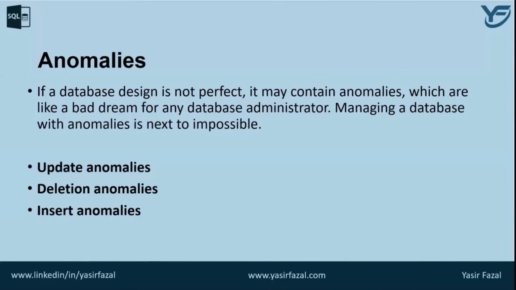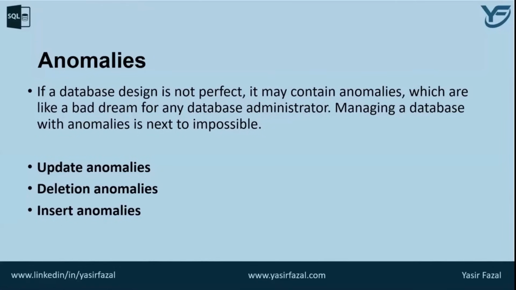So when I talk about anomalies, how can we remove them? We utilize normalization, which is a method to remove all these kinds of anomalies and bring the database into a consistent form.